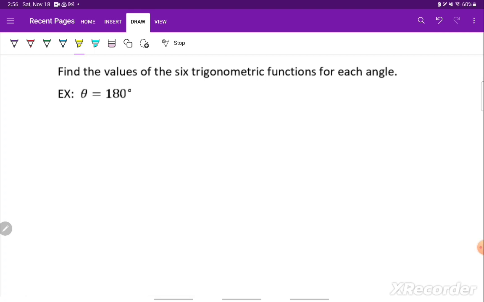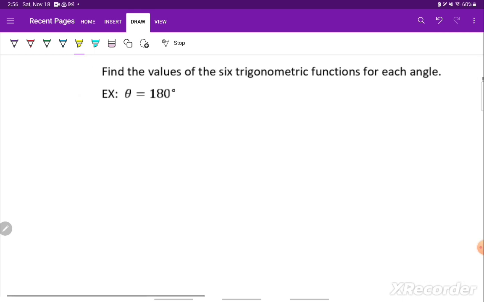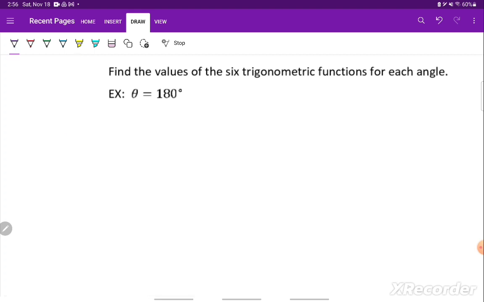We want to find the values of the 6 trig functions for the angle theta equals 180 degrees. Remember, I got to get to the same thing. I need x, y, and r. So, if my angle is at 180 degrees, it means it's lying over here.